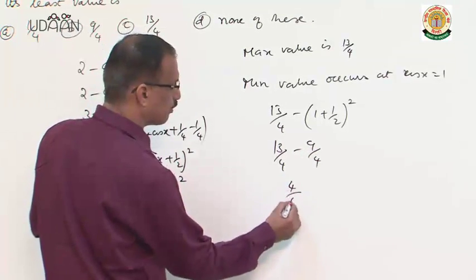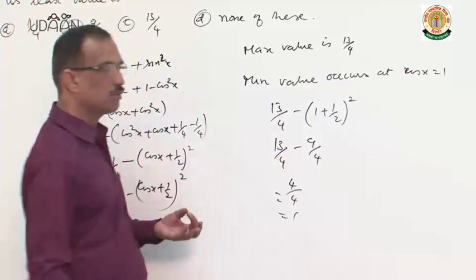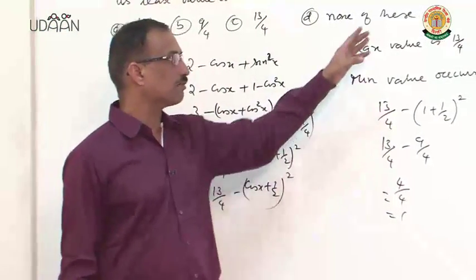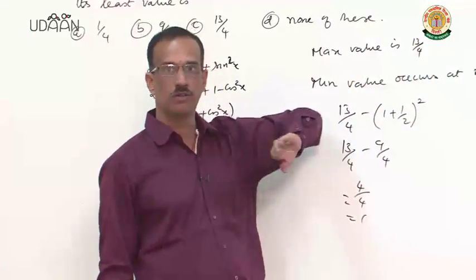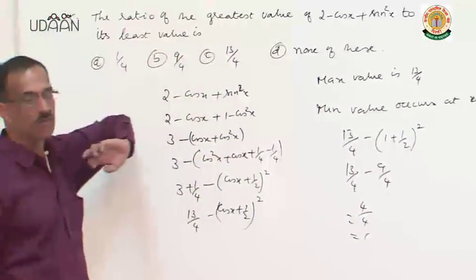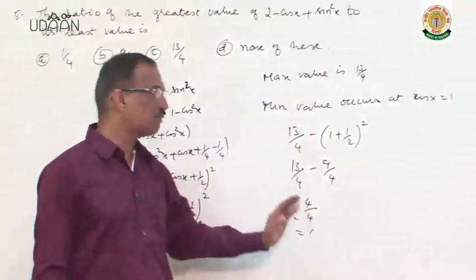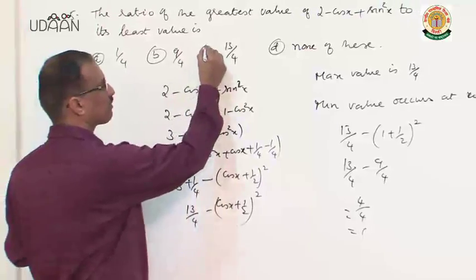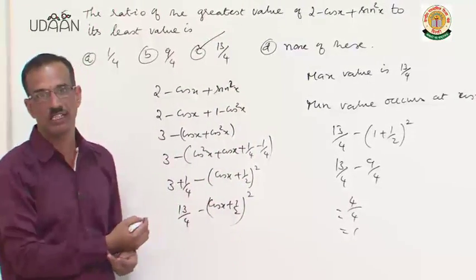So you get 4 by 4, that is equal to 1. So the minimum value we get is 1 and the maximum value is 13 by 4, the ratio of these two, that only they are asking. So 13 by 4 upon 1, that gives us 13 by 4. So your option becomes 13 by 4, that is C.